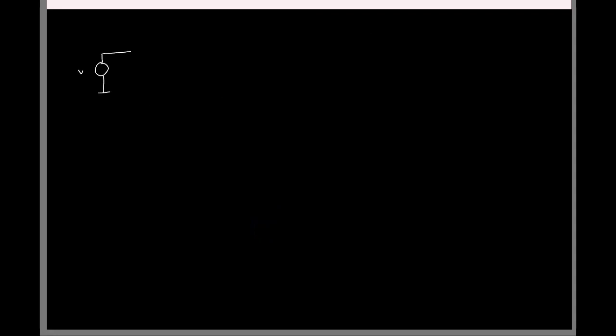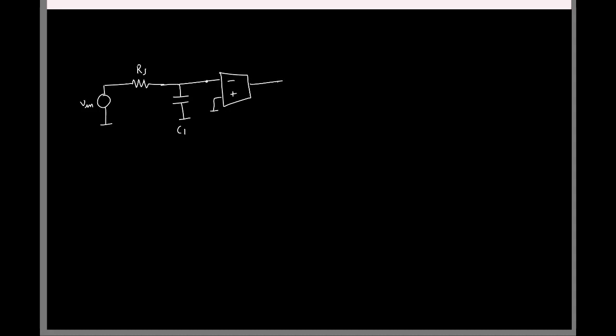We had input, we had a source resistance Rs, an input capacitance C1, and the transistor I modeled as a GM block, and at the output we had R2 and C2, and we also had a capacitor around the GM like this.